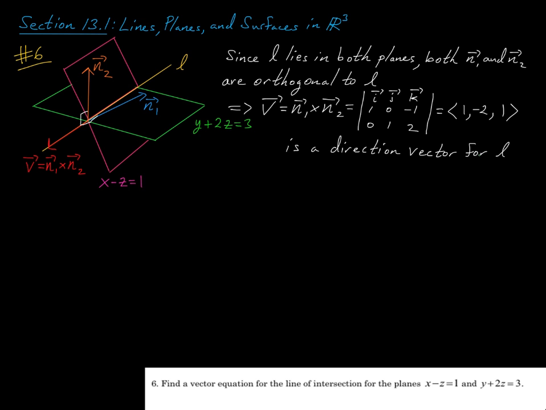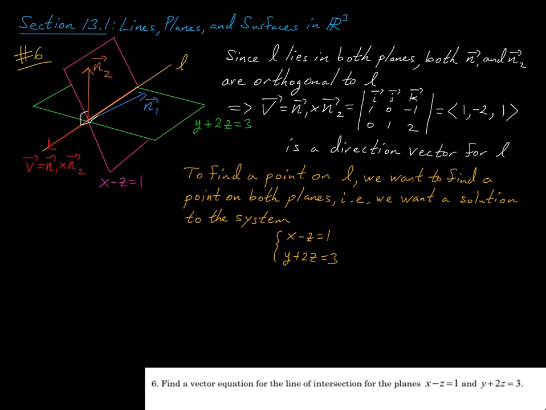All right, great. So now how about a point on this line of intersection? Well, for that, we want a point that lies on both of these planes. In other words, we want an x, y, z triple that makes this purple equation and this green equation true. So we want a solution to this system of equations. Now to make things simple on ourselves, let's go ahead and set z equal to 0.